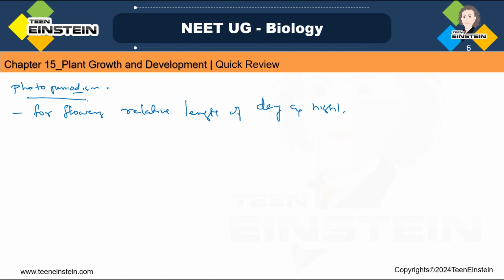So photoperiodism was first studied by Garner and Allard, in which one? In Maryland Mammoth. It's a tobacco variety.